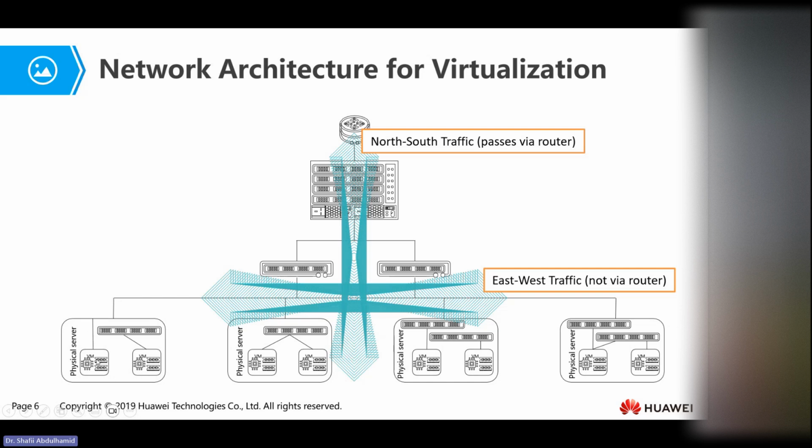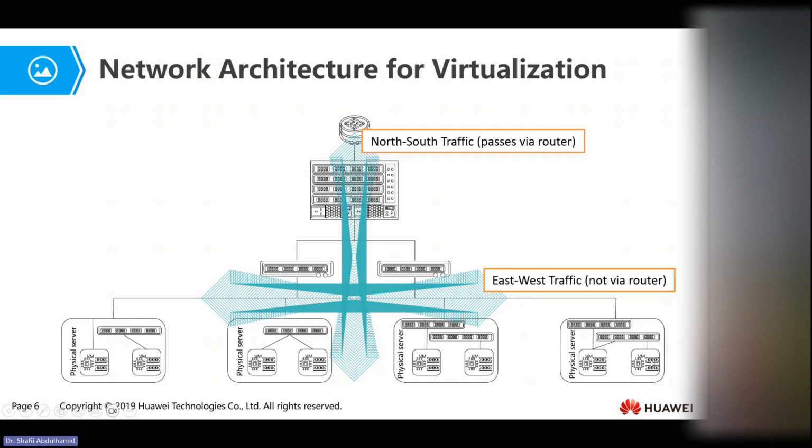So for example, this virtual machine is trying to send traffic to another virtual machine in this other server. It simply has to send the traffic through the NIC, through the virtual switch, and it goes out to the physical switch, and then probably goes to another physical switch, and then goes to the physical server that contains the other virtual machine.